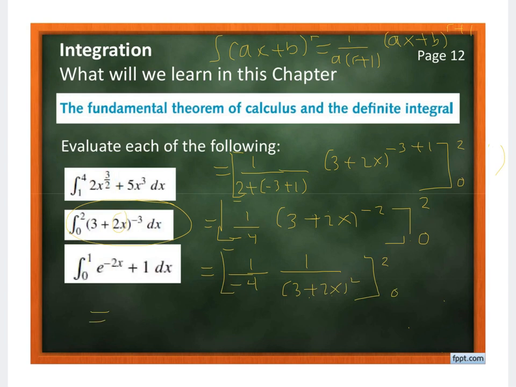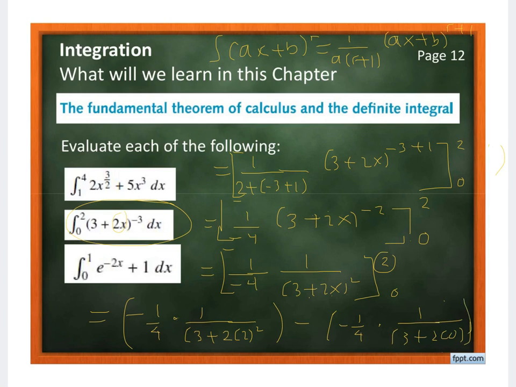So equal negative 1/4. We substitute time 1 over multiply by 1 over 3 plus, substitute the x with this one square minus negative 1/4 multiplied by 1 over 3 plus 2 times 0, equal negative 1/4.